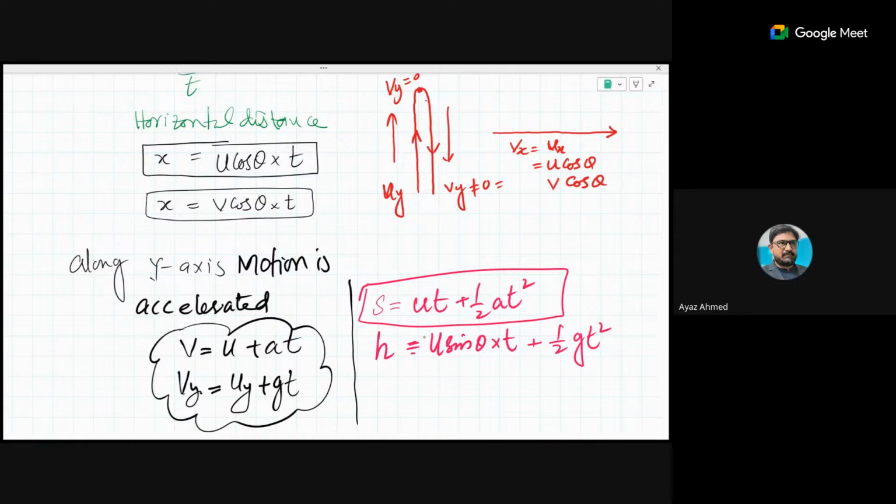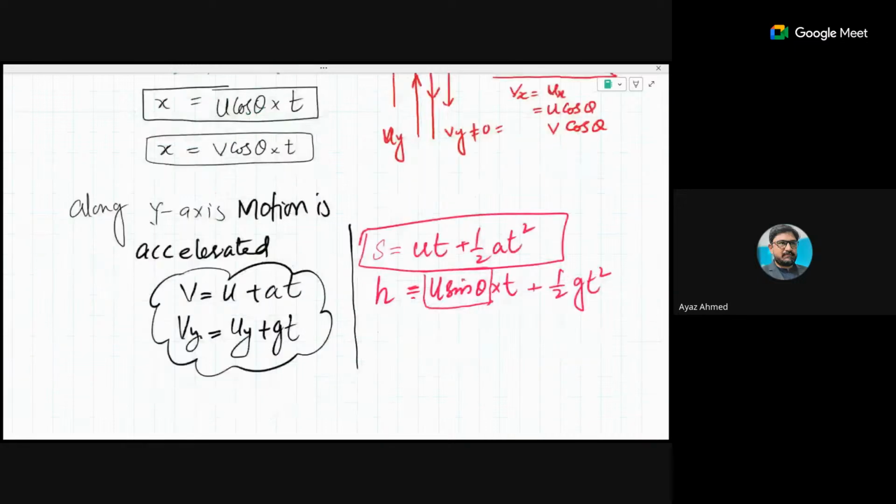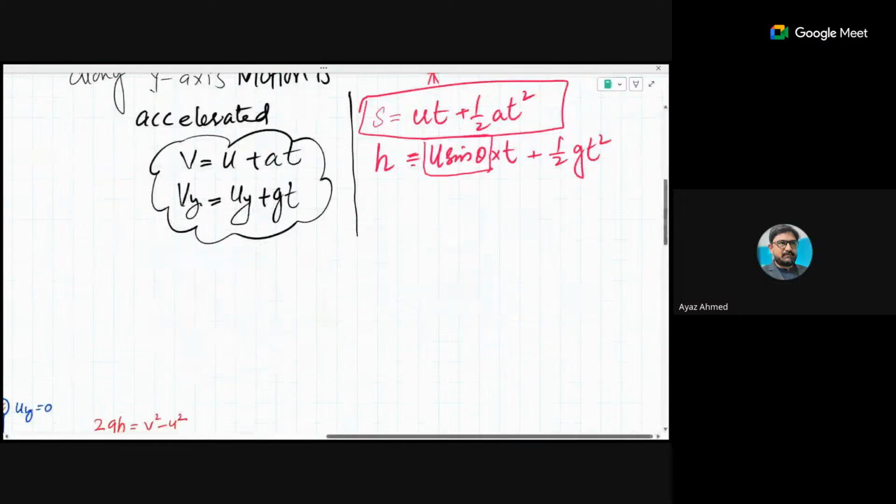Most of the time you are asked to calculate the initial component of the vertical velocity. Then you will just think about that, and the problem will be solved. I will get into detail on how this equation will be used sensibly. Don't get caught in the trap of the quadratic equation, because here time has power one, and here time has power two.